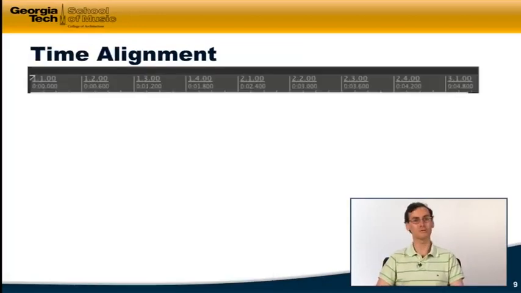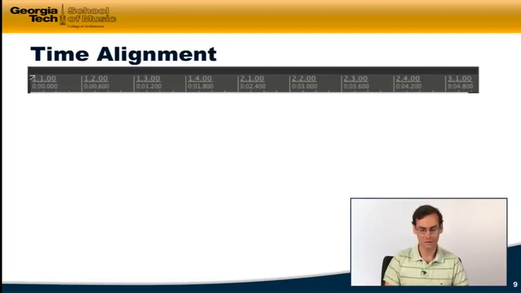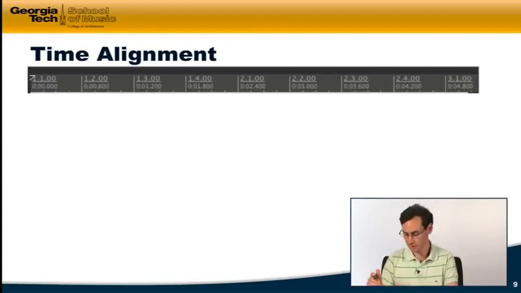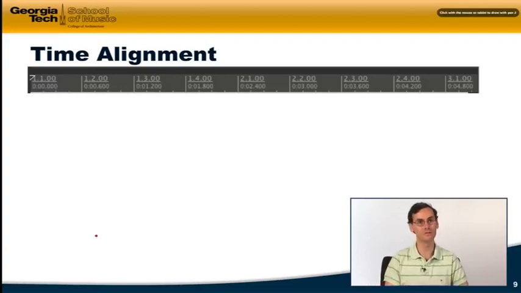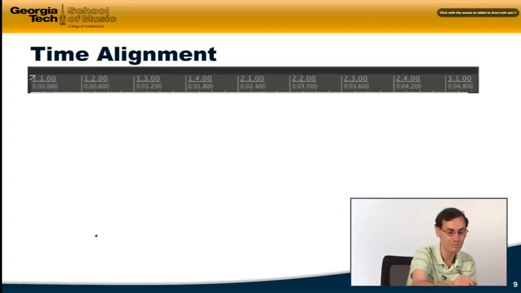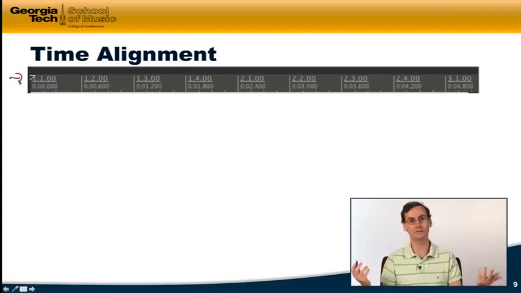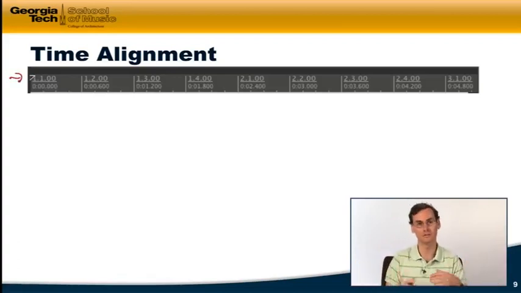The final feature that I want to talk about is time alignment, which is something that's very important in making music, of course. And DAWs have a lot of features that make this particularly easy for us to do. So you can see this is the track of time as it goes forward horizontally in our DAW interface.